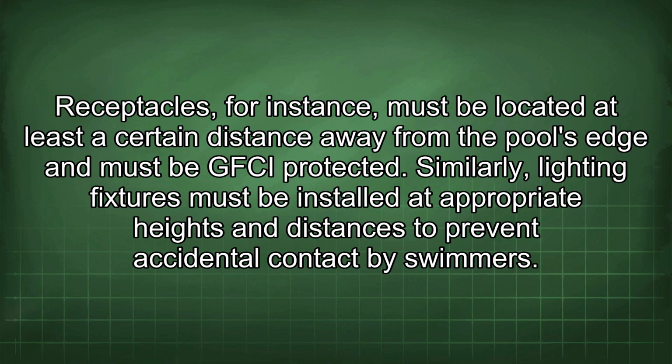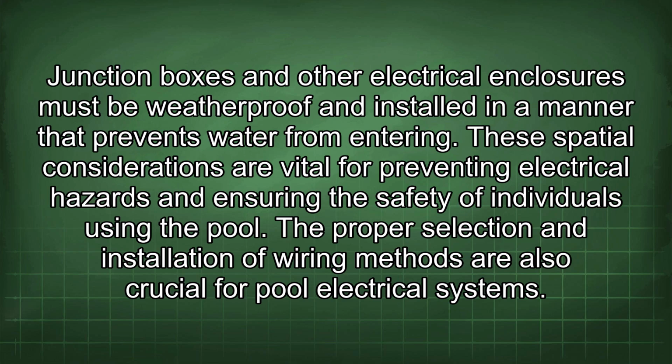Similarly, lighting fixtures must be installed at appropriate heights and distances to prevent accidental contact by swimmers. Junction boxes and other electrical enclosures must be weatherproof and installed in a manner that prevents water from entering. These spatial considerations are vital for preventing electrical hazards and ensuring the safety of individuals using the pool.